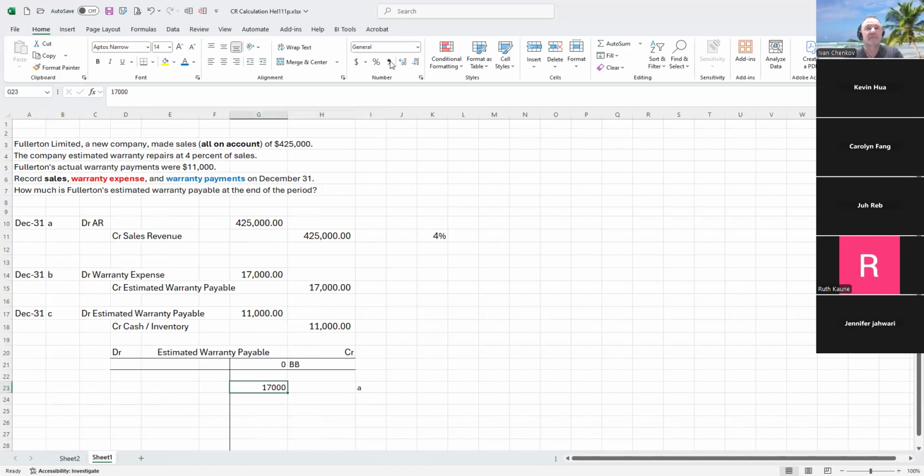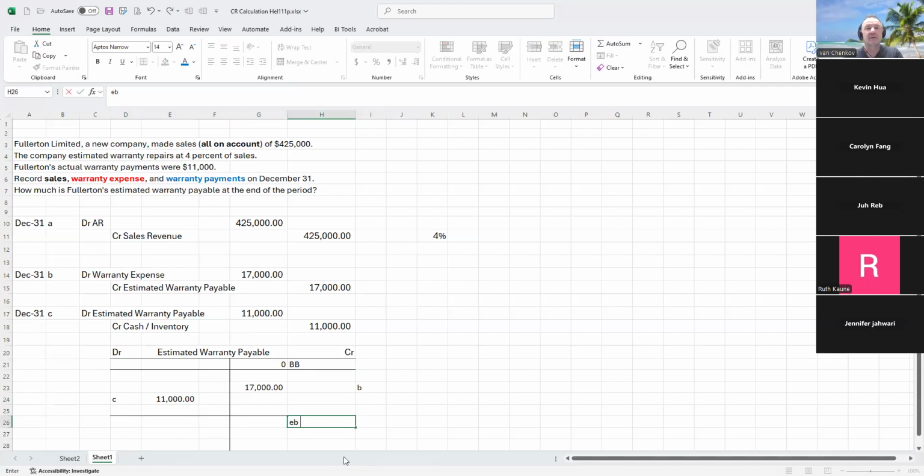Then we're going to have transaction B, which is the payment of the warranty, for the $11,000. That will be B, and that will be transaction C here. The last thing left is to get the ending balance for this account.